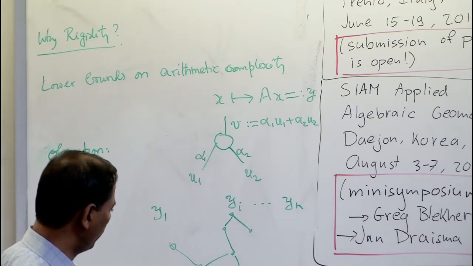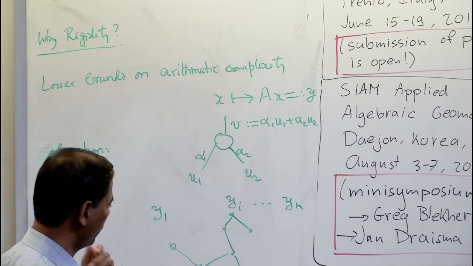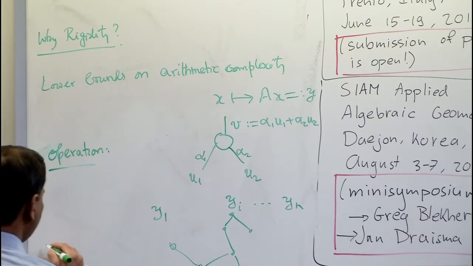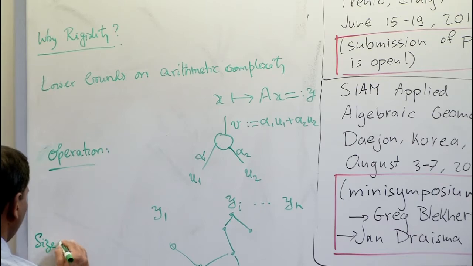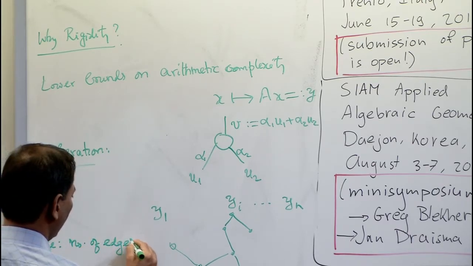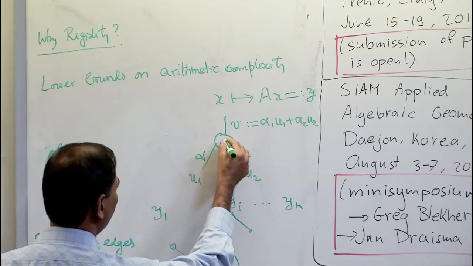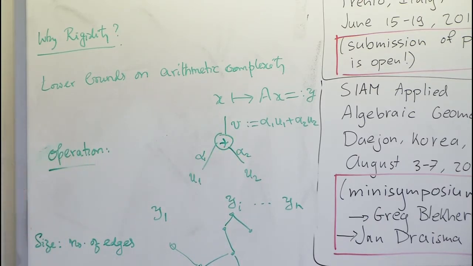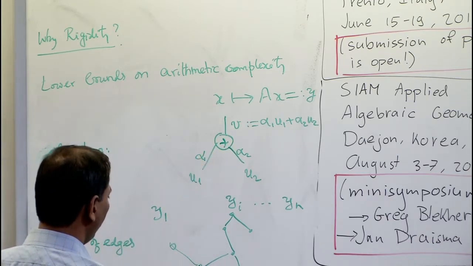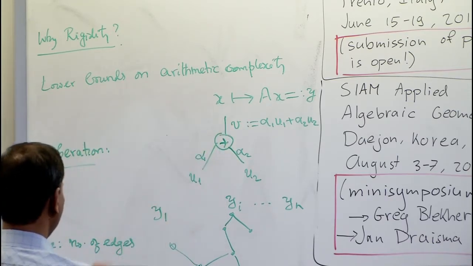The input is at the bottom and the computation flows upwards, and the size of this circuit is the number of edges in this graph, or the number of wires. If you think of these as wires, this is a plus. Scalar multiplications are free, and we are only counting the linear combinations that are done.